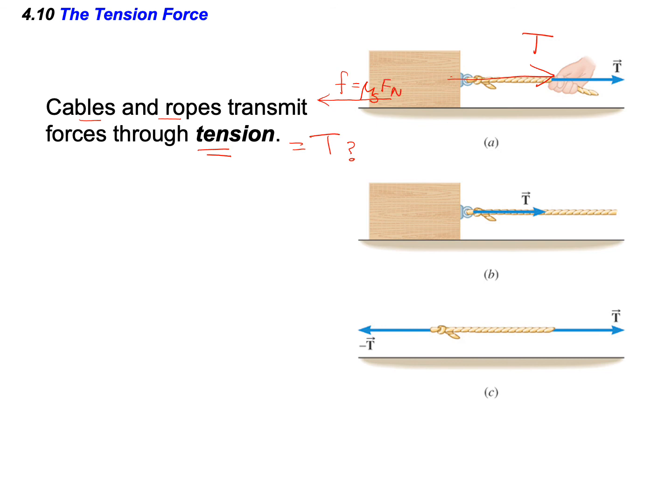You can calculate normal force if you know the mass, which is equal to weight. If you know the static frictional coefficient, you can calculate f, which is equal to T, because f is in the opposite direction and T is towards your right, so T is balanced with friction. Therefore the friction force is the same as T.